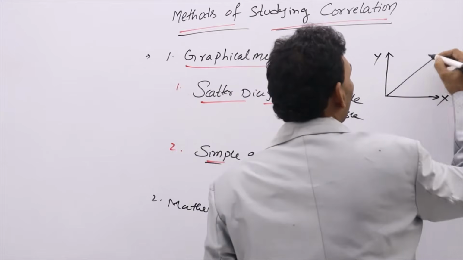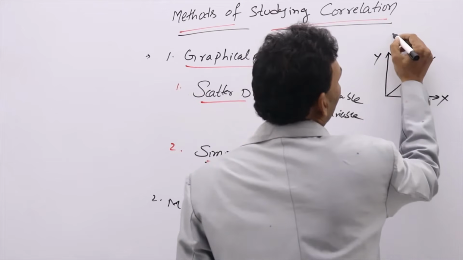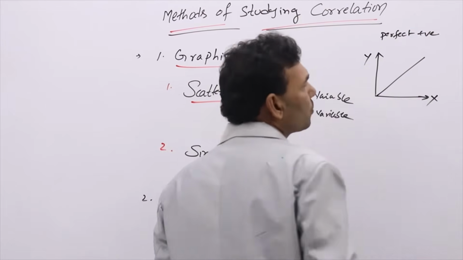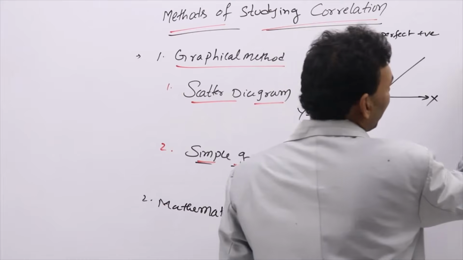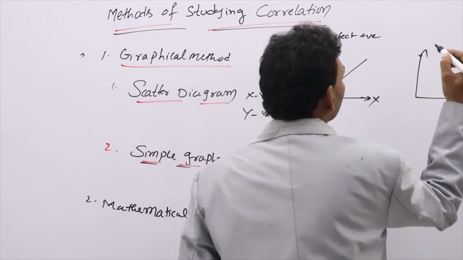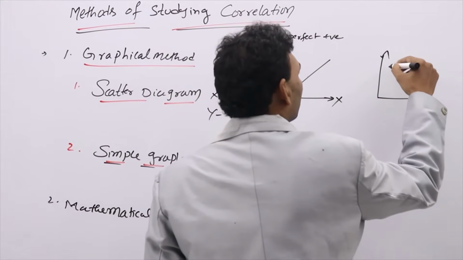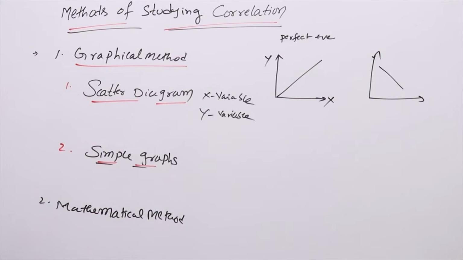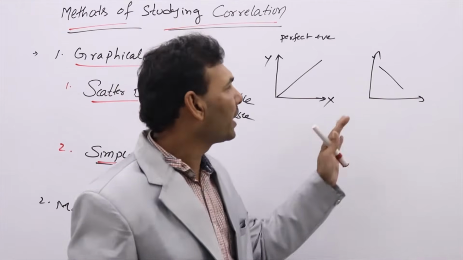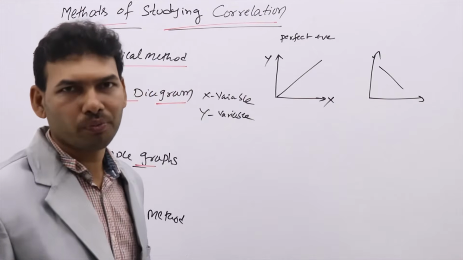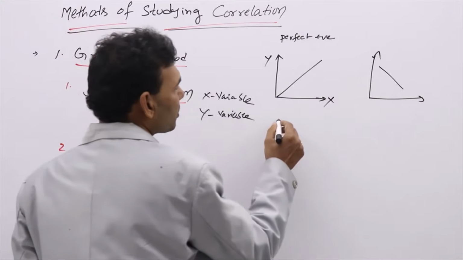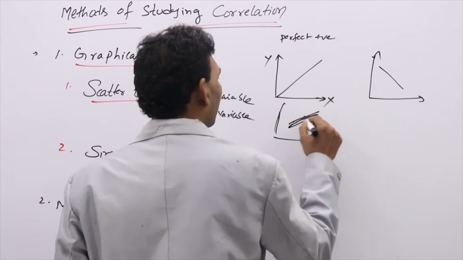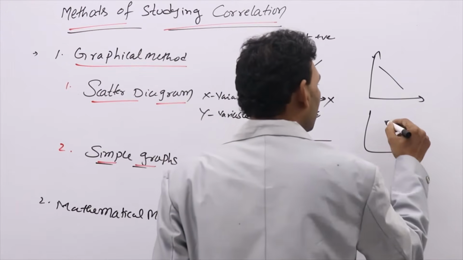For example, if you get a graph like this, we say they are perfectly positively correlated. If you get a figure like this, then we say they have perfect negative correlation. Partial positive correlation looks like this, and if you get a graph like this, this is also negative.